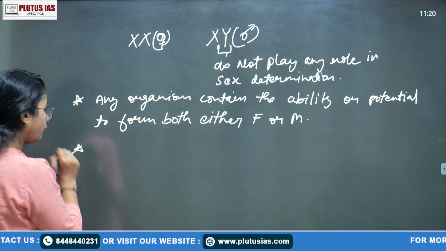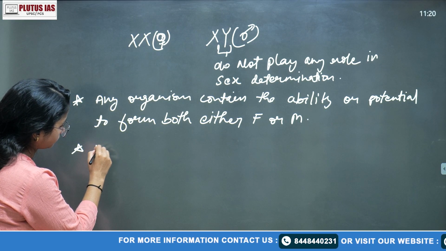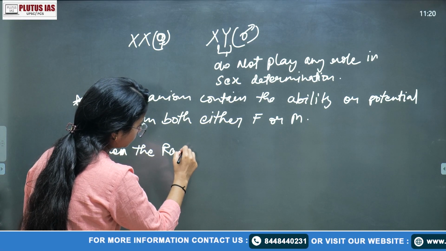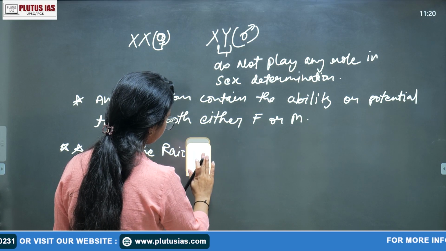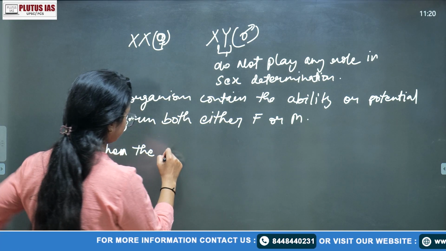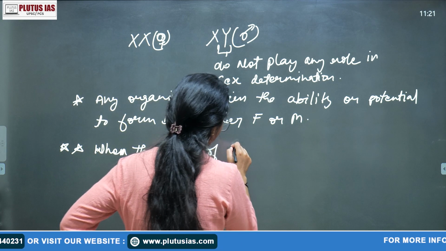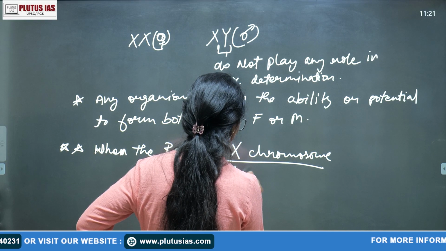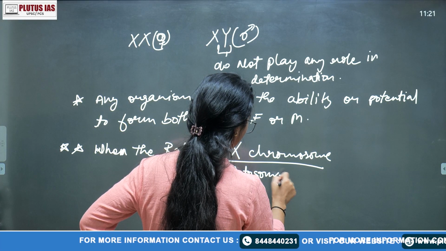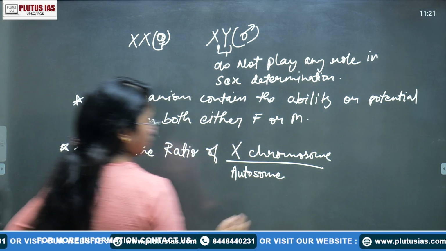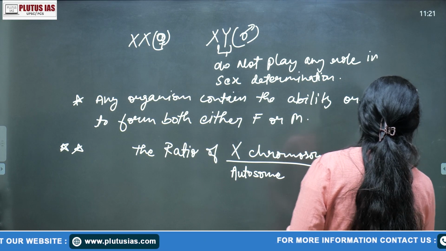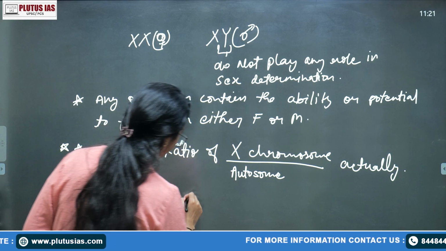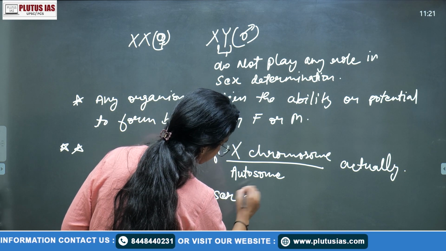So this is a star point: the ratio of X chromosome to autosomes actually determines the sex or the gender of the organism.